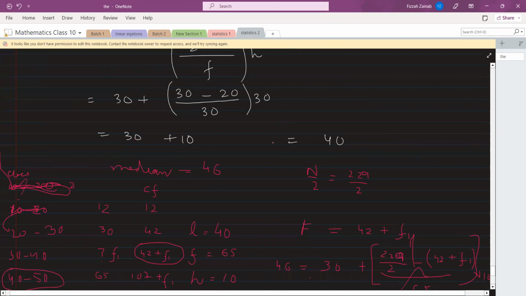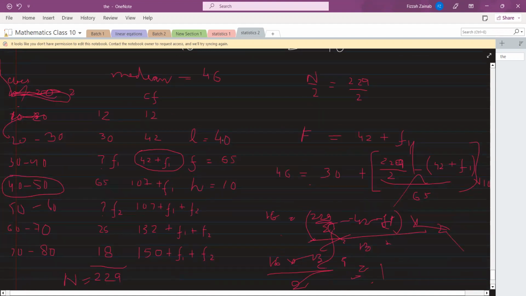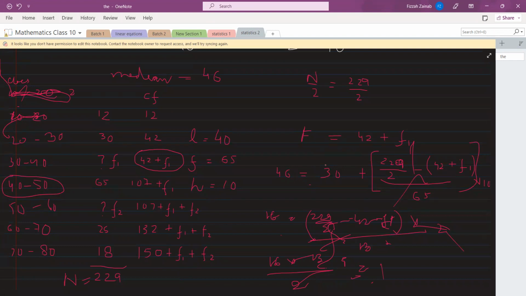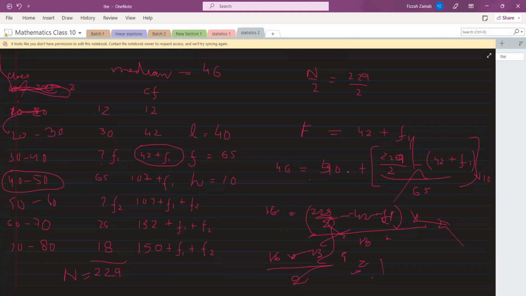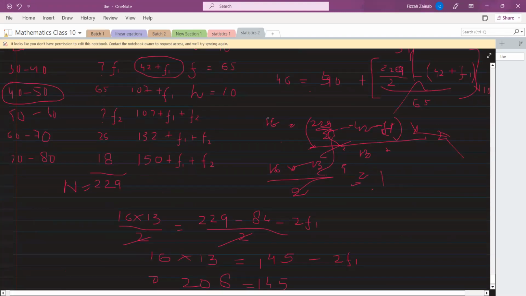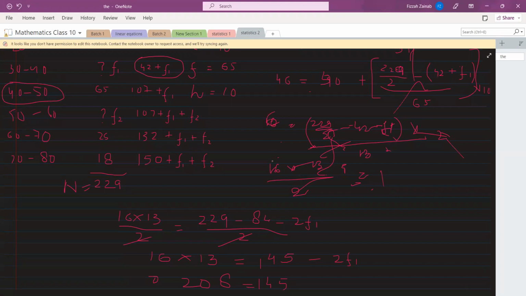See, you people also didn't notice. L was 40, right? And I wrote 30 here, isn't it? This was 40. So when you do 46 minus 40, in place of this 16, you will get only 6. So please make it correct. So this was only 6.